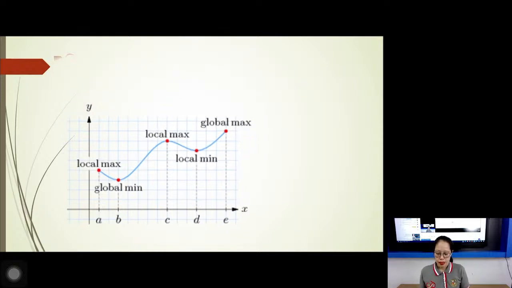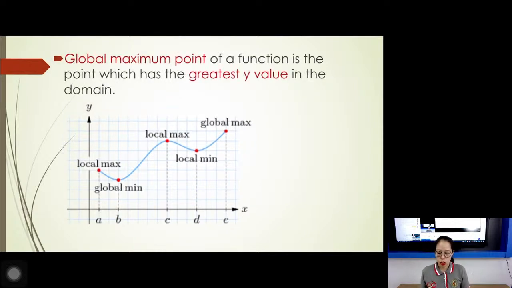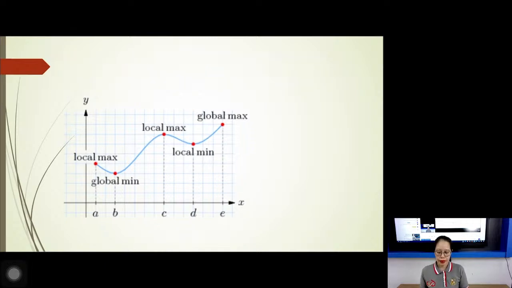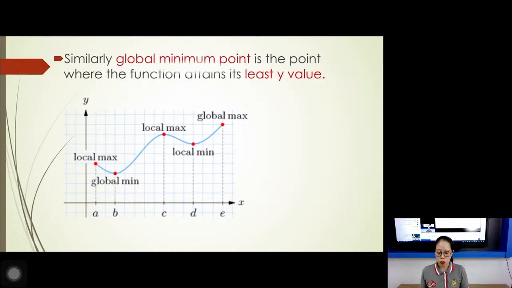What about global maximum? The global maximum of a function is the point which has the greatest y value in the domain. Similarly, the global minimum point is the point where the function attains its least y value.